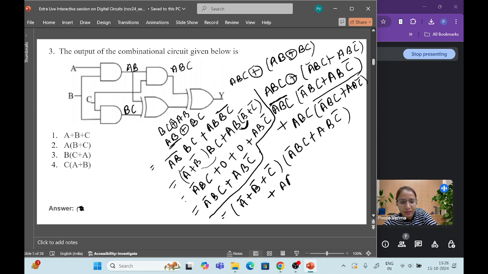Here this side also ABC in brackets, and in the bracket on this side we will get A dash BC, and it becomes multiplication, so ABC dash whole dash, right? Now what will be the next step?